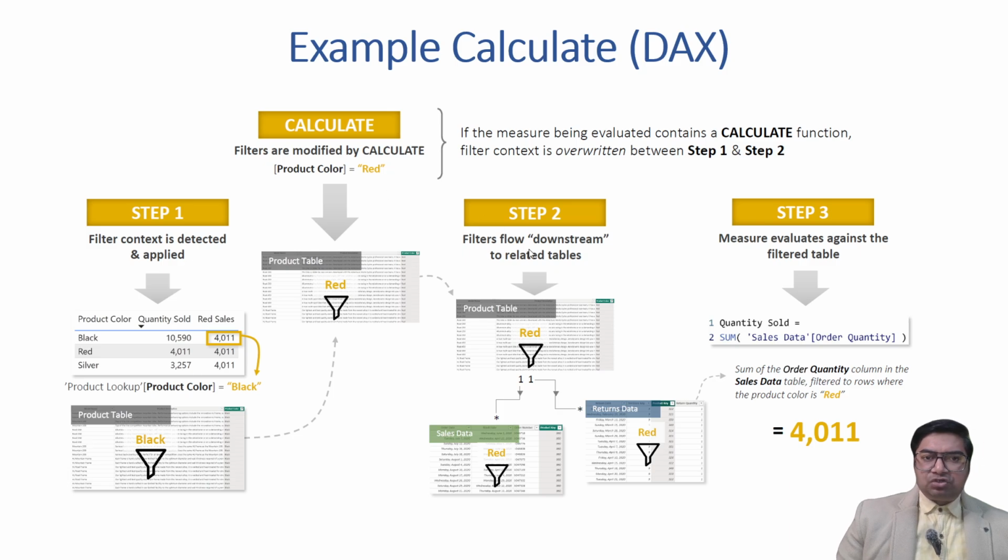Then step two, in the related tables, fetch all the red data, and step three, evaluate it, which is 4011. So all this process is happening behind the scenes, where you simply click and the data comes in front of you. So let's do a practical on this.